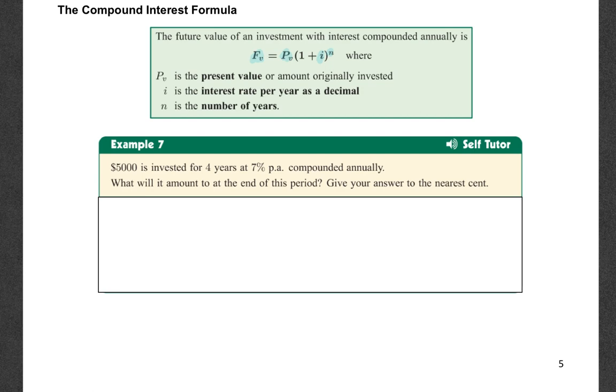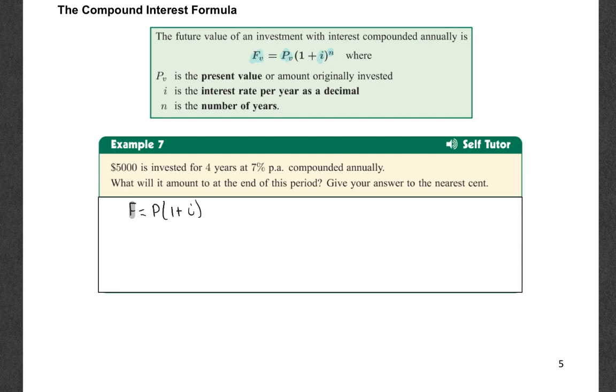So the interest rate needs to be per annum if we're going to have a number of years. So how does this work? We've got $5,000 invested for 4 years at 7% per annum compounded annually.